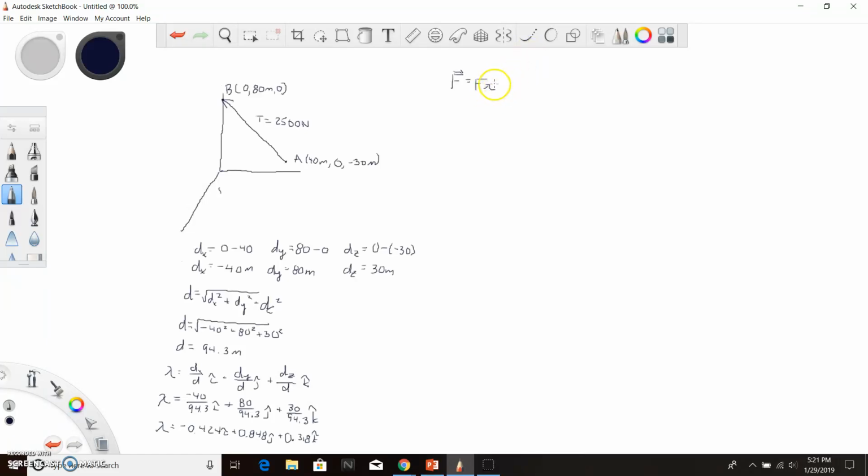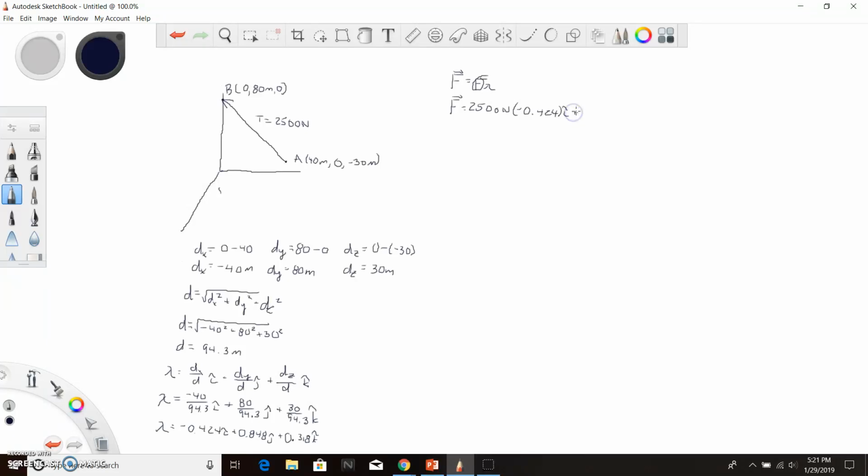So all we have to do is take a scalar and multiply it by a vector. To find vector F, I take the magnitude, which is 2,500 newtons, and multiply that by negative 0.424 to get my x component.